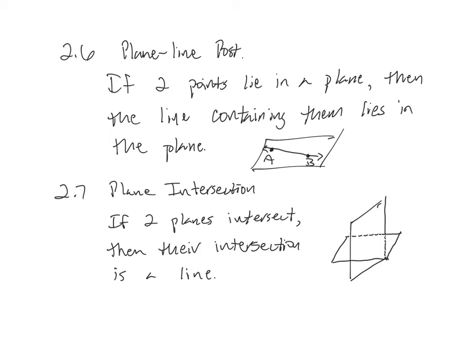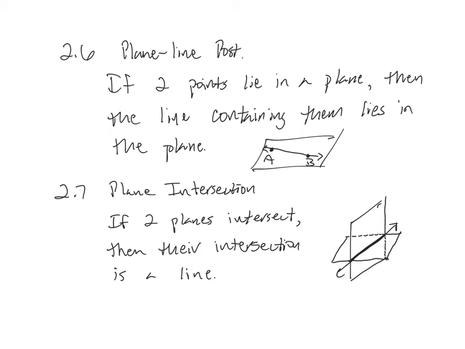I don't know if that looks the way that I wanted it to, but if two planes intersect, if you look at your wall and the floor, all the way along the bottom where they meet would be a line. So some line like that.